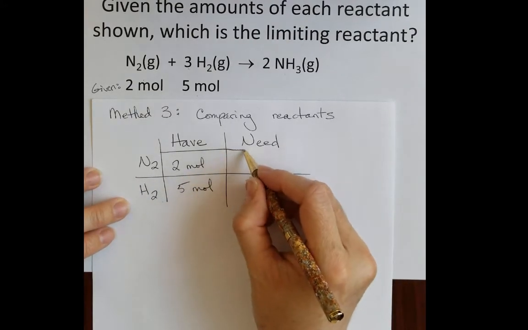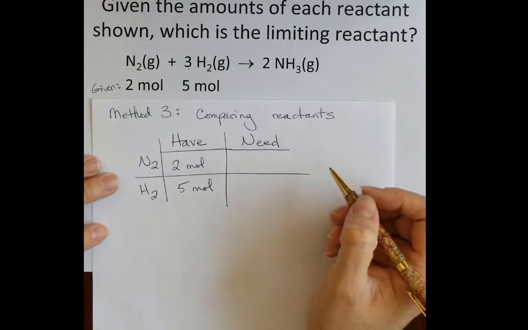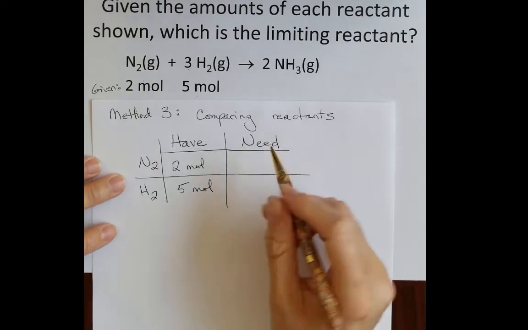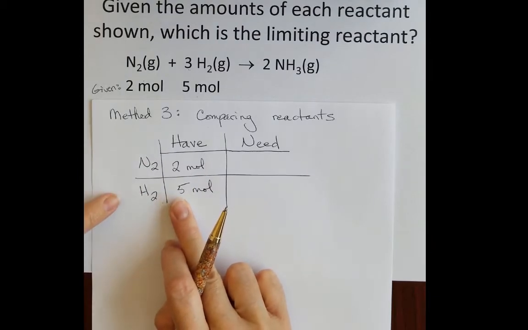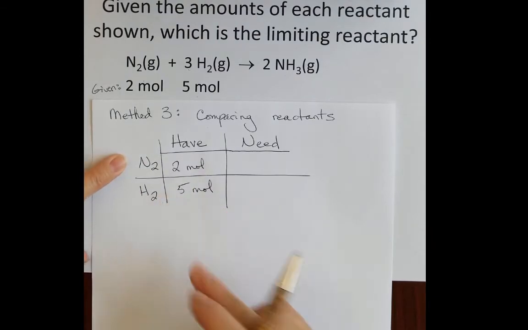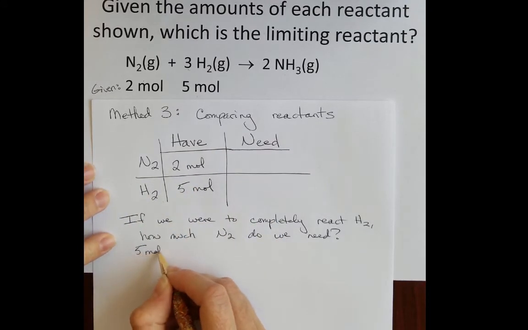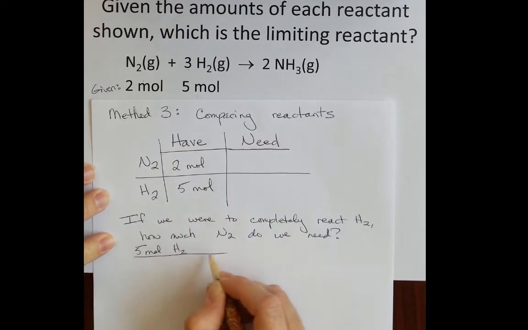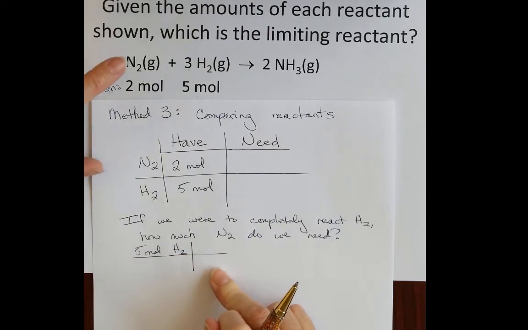Now to figure out the need column, we're going to ask ourselves, for the nitrogen: if we were going to react 5 moles of hydrogen completely, how much nitrogen would we need? So we take our 5 moles of hydrogen, then we go from given to the reaction itself.